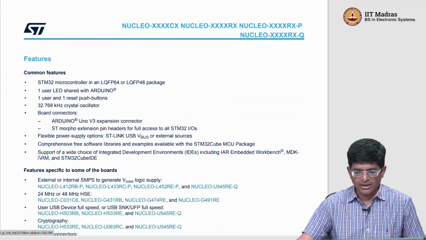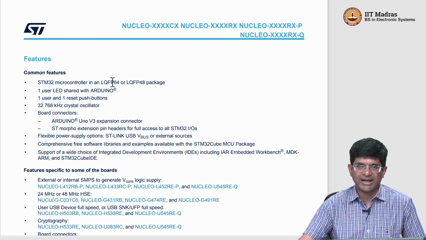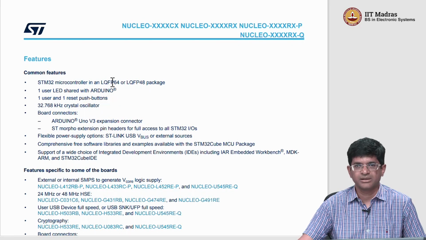It gives you some information about common features. It tells you, for example, that all of these boards use an STM32 microcontroller in an LQFP 64 or 48 package. What is LQFP? It refers to the type of chip package that is used.